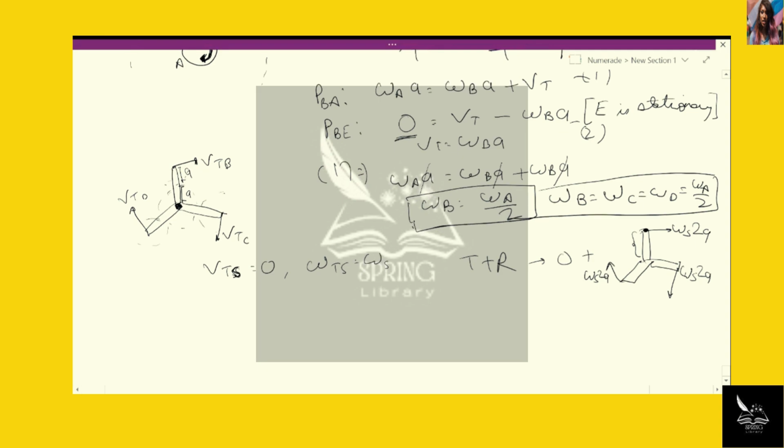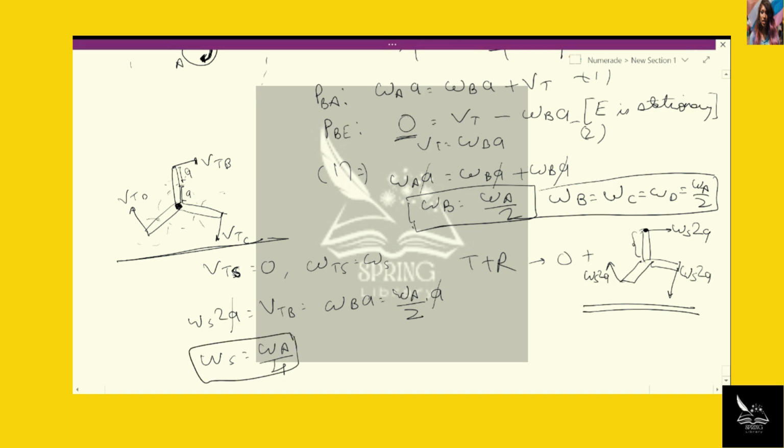And again, we can look at these and we realize that the rotational velocity is actually coming from the turning of the planetary gears. So omega S 2A has to be equal to VTB, which is equal to omega B A, which is equal to omega A by 2 times A. So A cancels, and then omega S is actually omega A over 4.